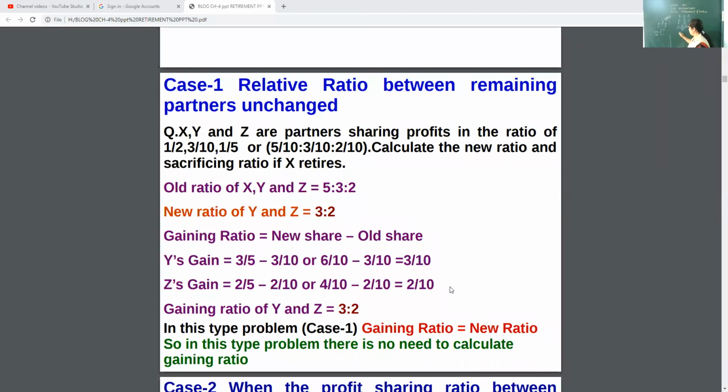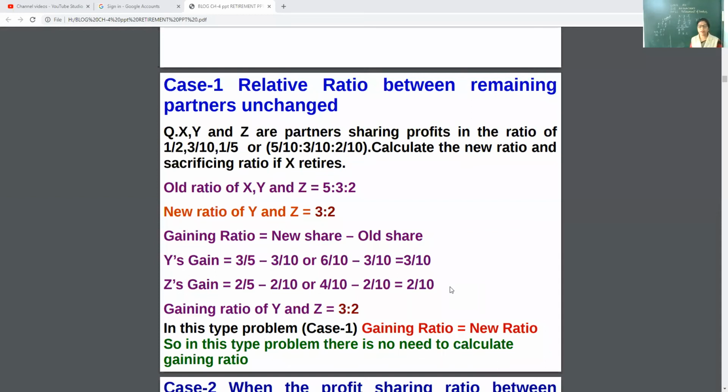Now this question will be simple for you. 5, 3, 2. Here X is the outgoing partner. Who are the remaining partners then?